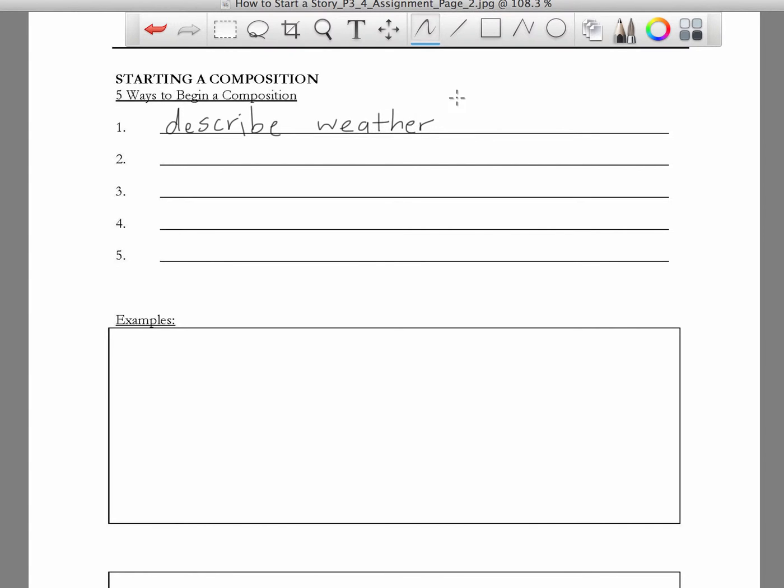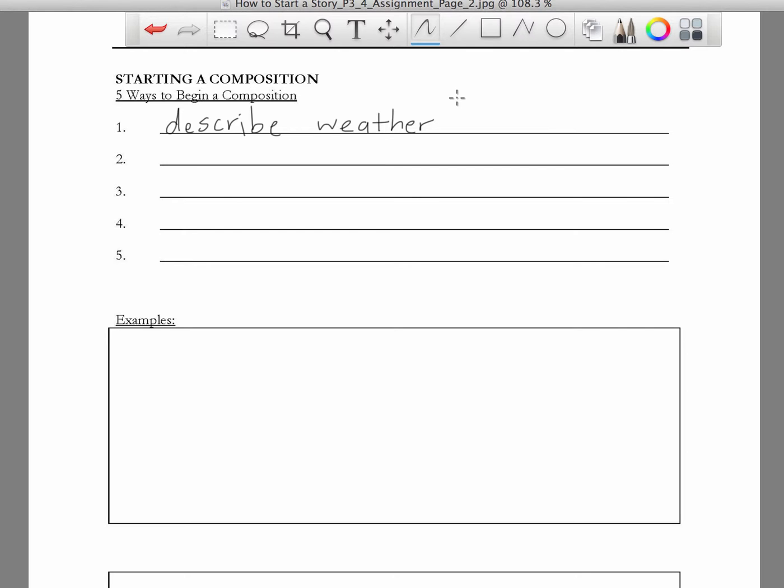Okay, but take note of this. If you look at the picture, you will realize the picture takes place indoors. So it's not really appropriate to describe the weather to start the story unless you build a link to the story.